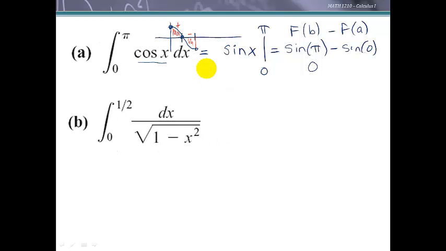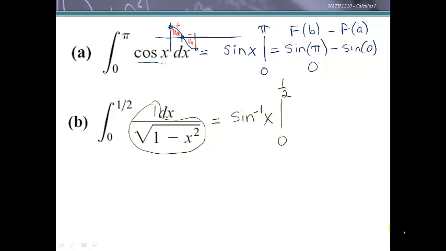Looking at another example, we have the integral from 0 to 1/2 of 1 over square root of 1 minus x squared dx. So let's think of what this is the derivative of. I'm looking for an antiderivative, and oh, I recognize that as inverse sine. So it needs to be evaluated from 0 to 1/2.